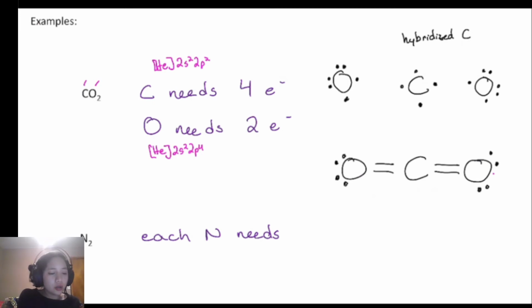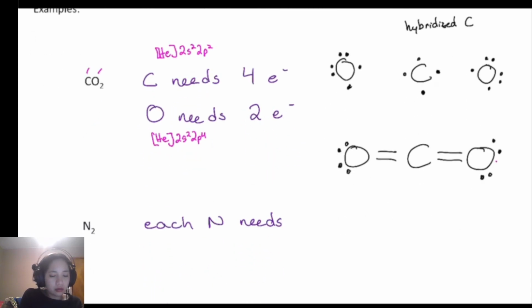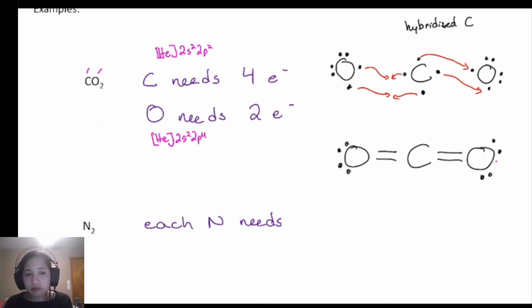Okay, so you can see now that this oxygen has 2 vacancies, this oxygen also has 2 vacancies, and this carbon has 4 vacancies. So what's going to happen is these 2 electrons will pair up with these 2, and these 2 electrons will pair up with these 2. So this is what's happening. I should have started with this. Sorry, I went backwards, but you guys can deal with it. And so now you see that everyone's octet is fulfilled and everyone's happy.